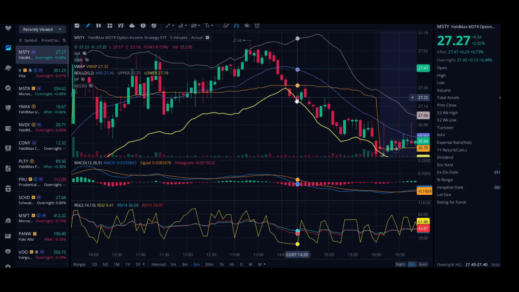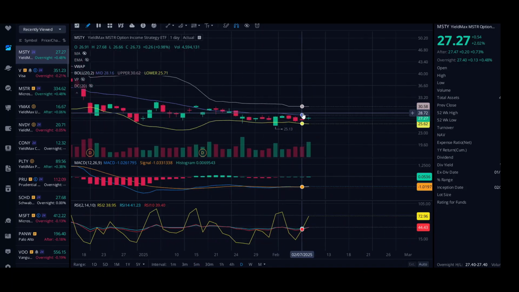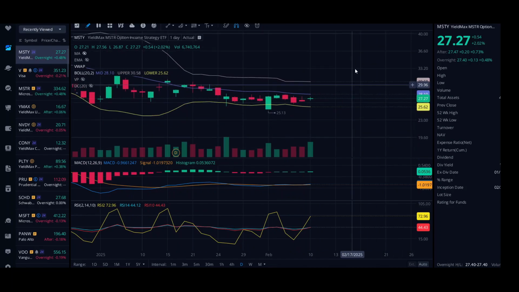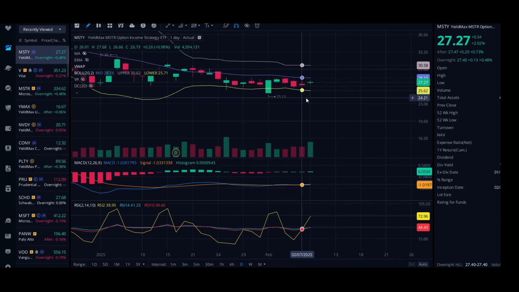And I did it for a shorter time period. Like I said, we'll see that once I go over to the option chart. What I was looking for on the day chart is to be down close to or at the lower portion of that Bollinger Band, which is that yellow line.